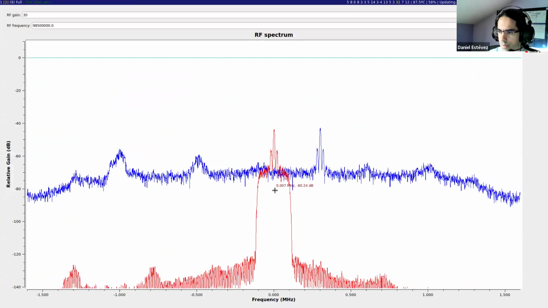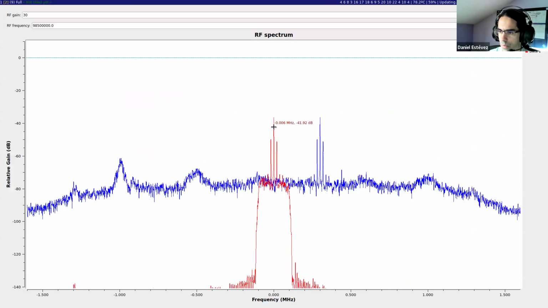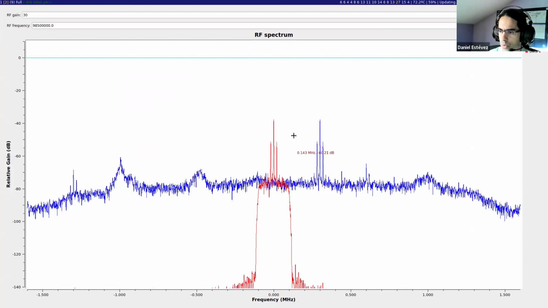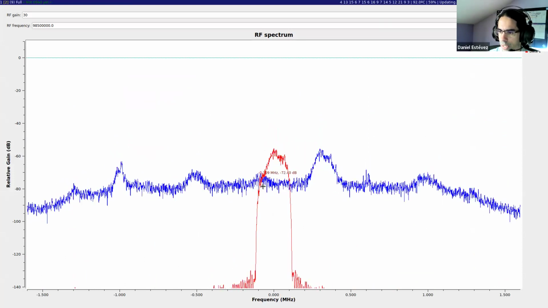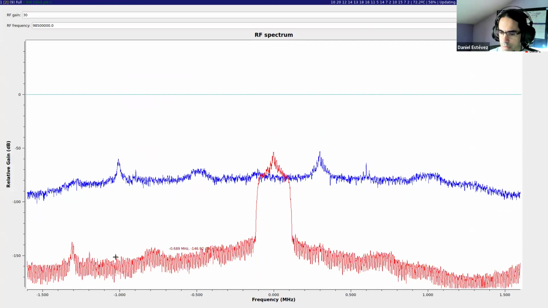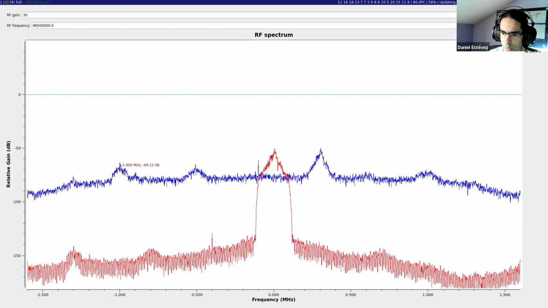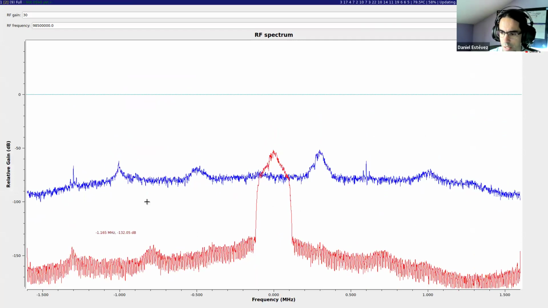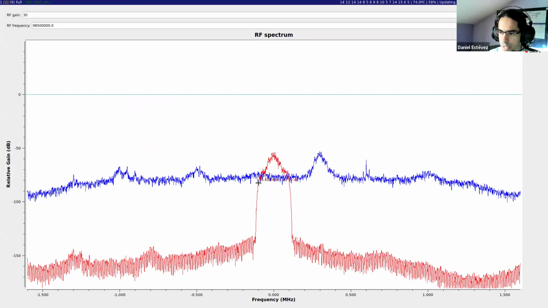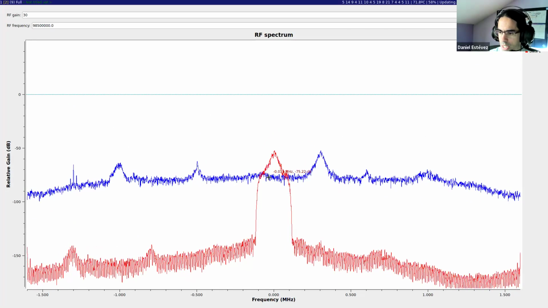And then we can see that now the red signal, which is the output of the filter, only contains the FM station of interest. The rest has been attenuated heavily. It's still present. So for example, this signal is here, but the power is much smaller than the one of the signal of interest.